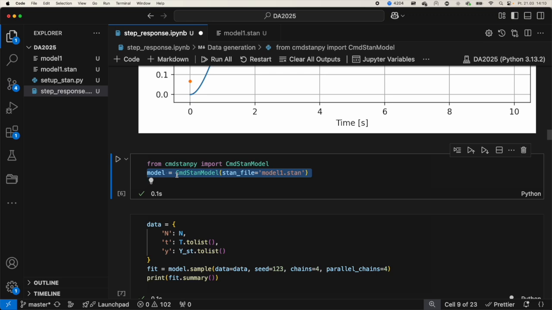PyMC is a purely Python environment which does generally the same. Certain theoretical advances are slower to be adopted in PyMC. PyMC is a bit slower because Stan compiles to C, and everything works in C. PyMC uses Theano, which is one of the less known machine learning frameworks, like the neural network frameworks, but they've acquired it and integrated it into their system, because it also allows automatic differentiation in certain aspects and does a lot of work in Python.